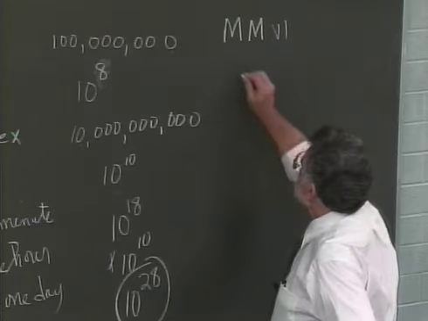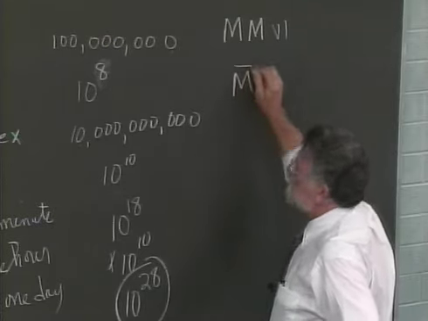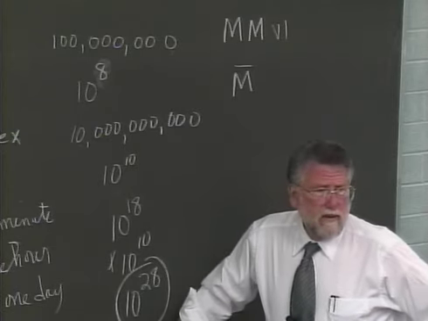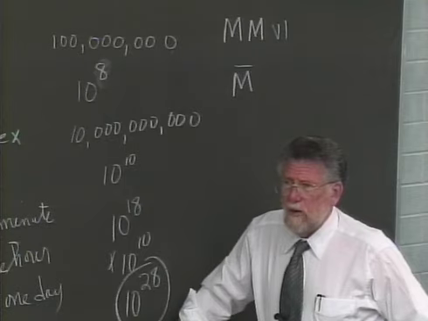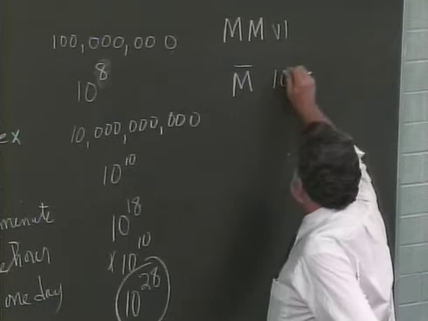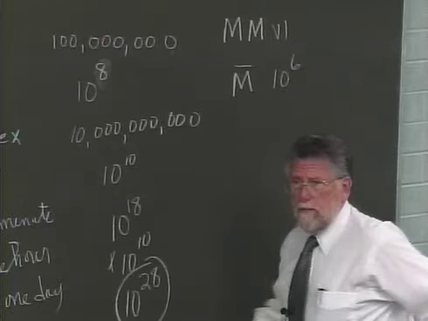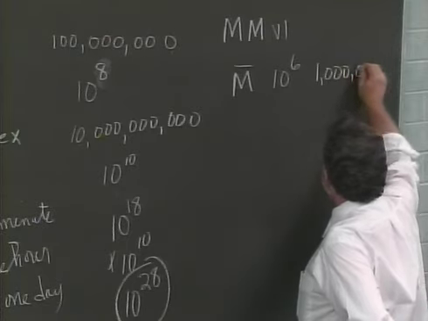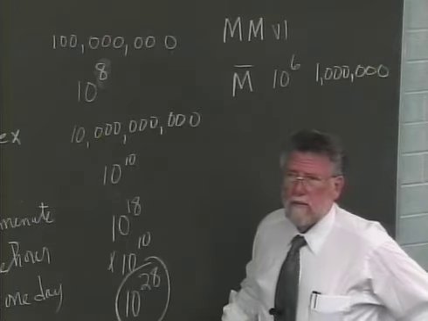Or bar M. A bar M meant 1,000 thousands or a million. So this was 10 to the 6th, which was 1 million. Remember, this is 1,000, and then just put 3 more zeros, it's 1 million.